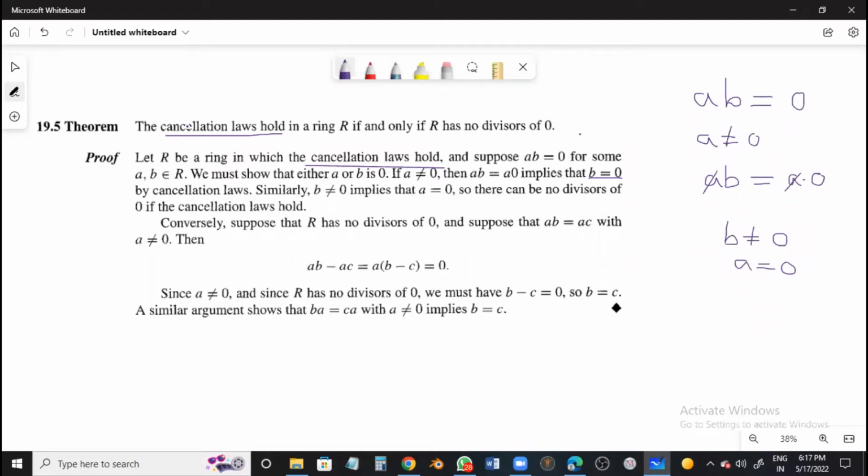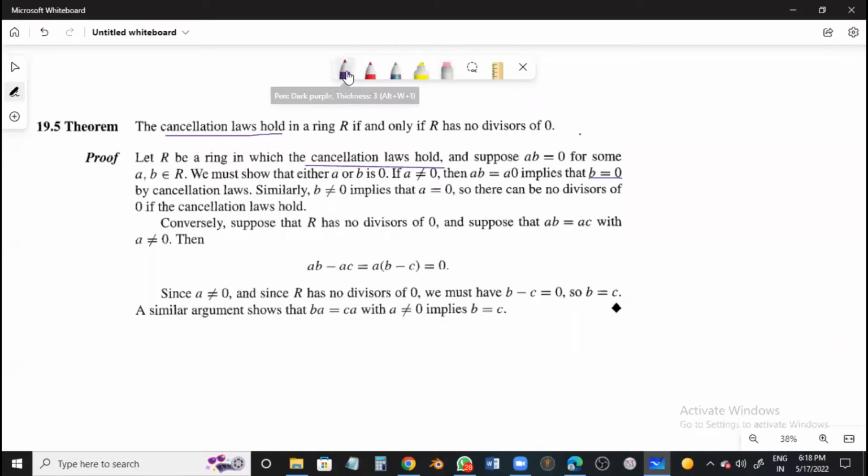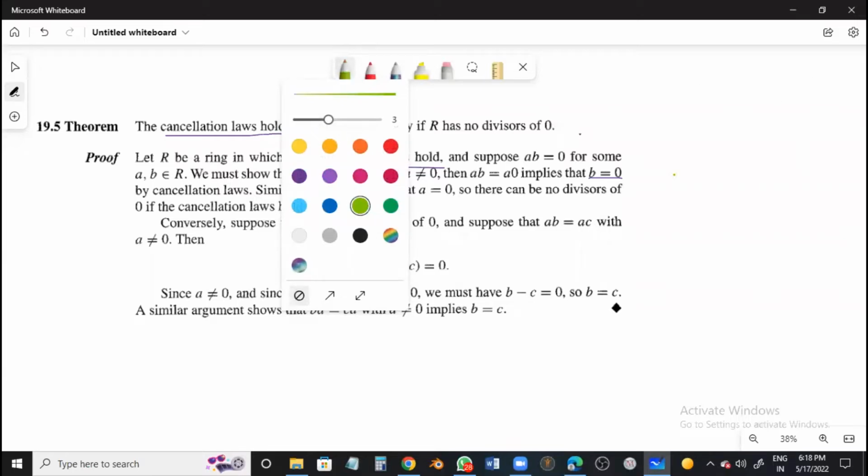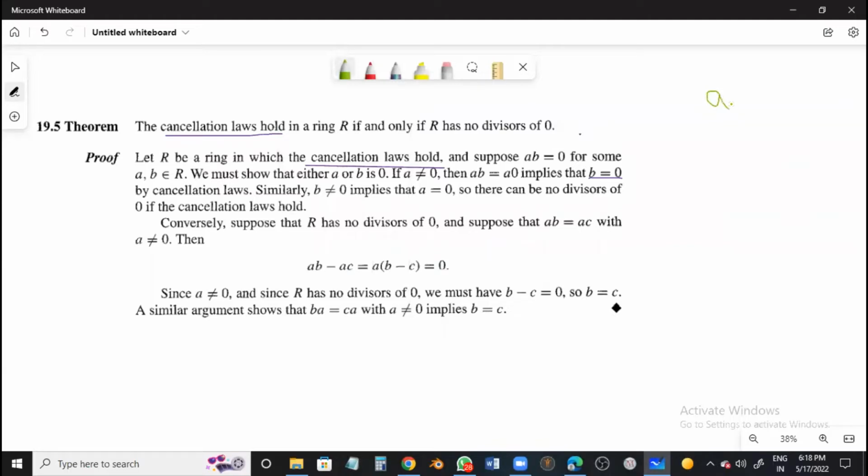Followed the thing? Okay, only one response. All right, I would like to go once again. See, what is your assumption? Your assumption is cancellation laws hold. And you want to show that R has no 0 divisors. So obviously, you will take the product to be 0.